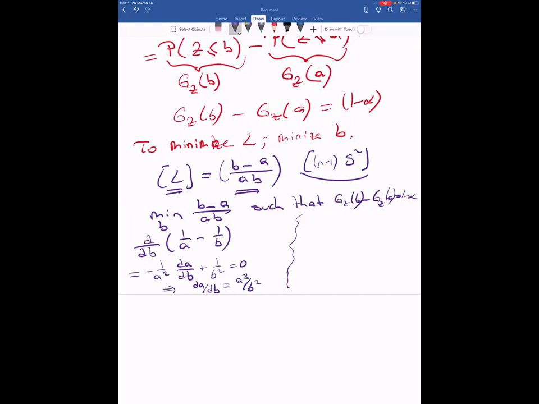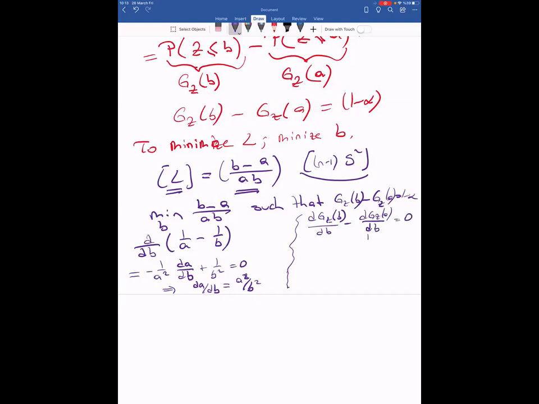So that is one thing that we have here. Then let's take the derivative of the constraint part with respect to B also. So d G_Z(B) over dB minus d G_Z(A) over dB will be 0.